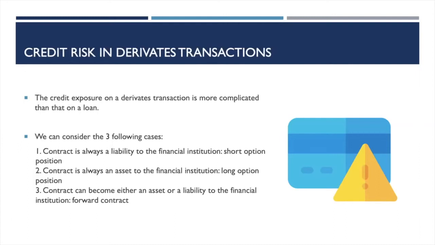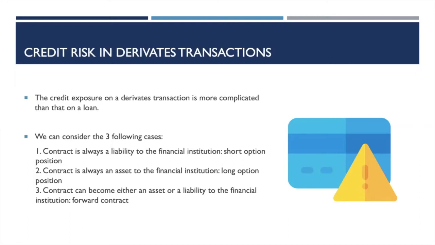The contract is likely to be retained, closed out, or sold to a third party. The second category is a long position, where the financial institution will always have a credit risk. The financial institution has to make a claim against the assets of the counterparty and may receive some percentage of the value of the derivative. Finally, the third one is a forward contract, where derivatives may or may not have a credit risk.